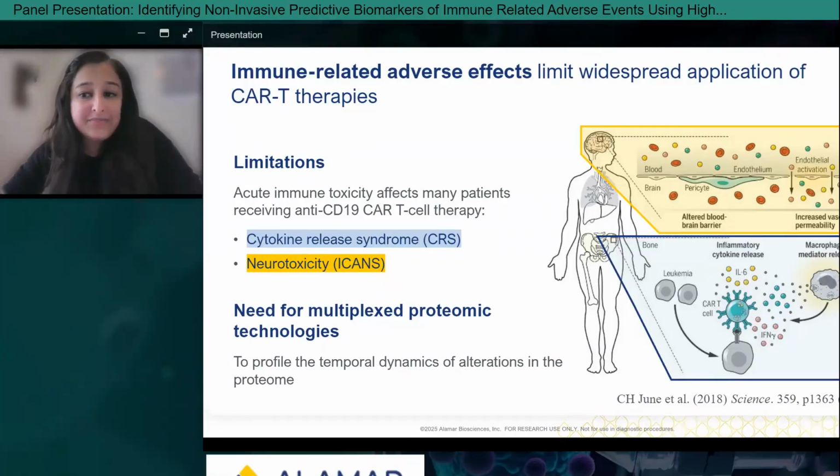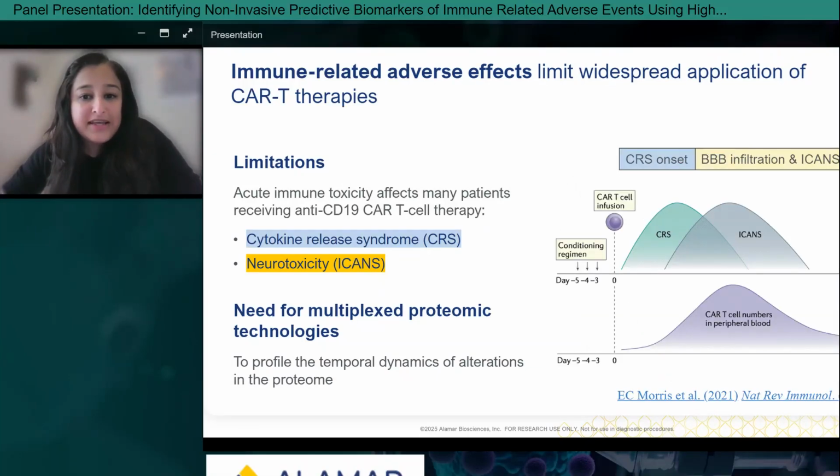ICANS is seen in 60% of patients and results from memory loss and other symptoms of neurological decline due to the breakdown of the blood-brain barrier and increased vascular permeability. Typically, CRS occurs within a few days of CAR T infusion, and ICANS starts to peak right about the time when the CRS is largely resolved.